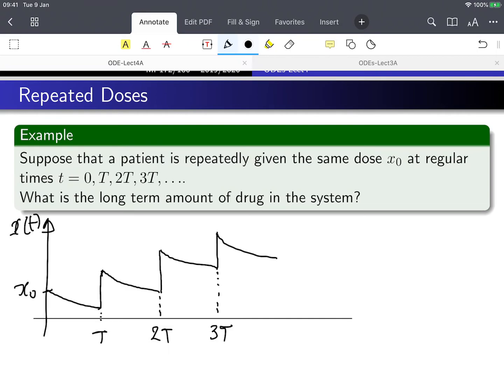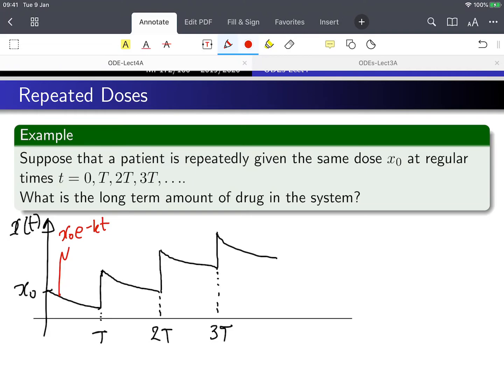So for instance, we know that in the first period here, it's going to behave as x0 exponential minus kt. Right, that's this curve here. And then it's interrupted. And then it's the same curve, but it starts at a higher level.